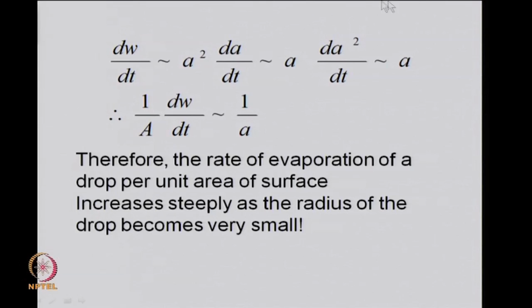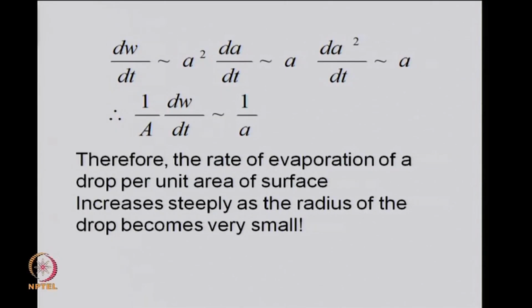Even in this argument, when you substitute dA square by dt equal to a constant, we are making use of an experimental fact. These are too large drops for changes of surface tension or Gibbs free energy to occur. In any case, even in molecular level clusters having maybe tens of molecules of water, the surface tension would change only very little.